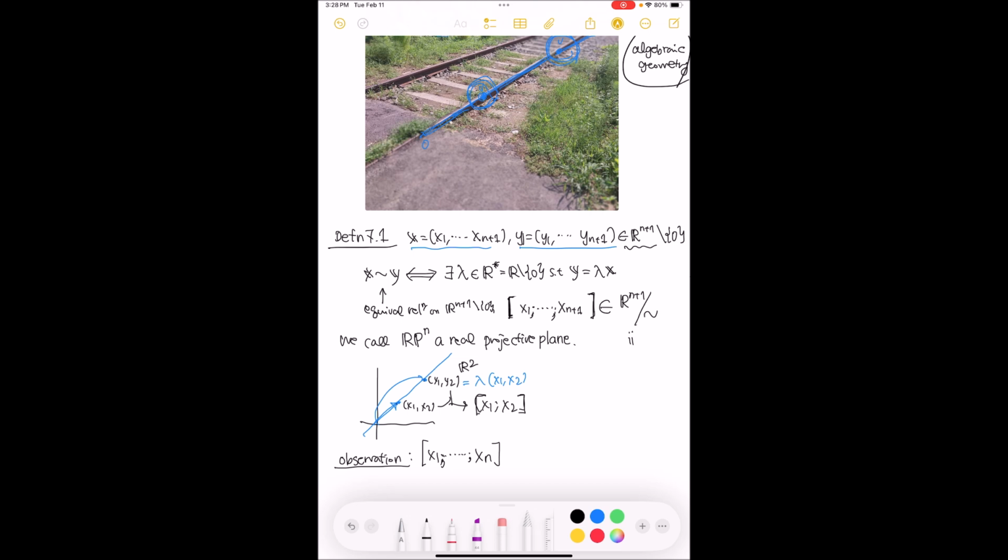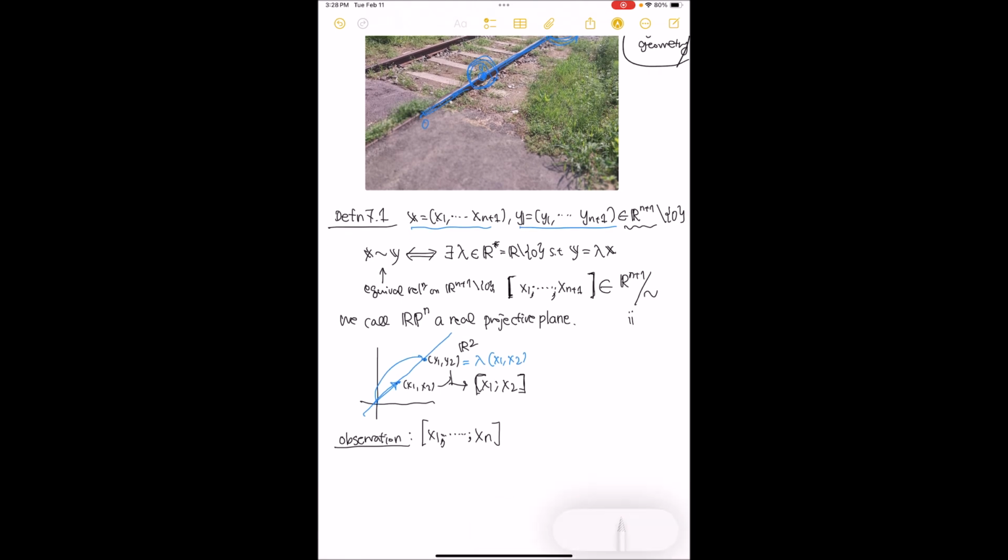Okay. An important observation is that if we consider the coordinates like this in RP^n, at least one of the x_i is non-zero. That means every coordinate vector of an element is not all zero.